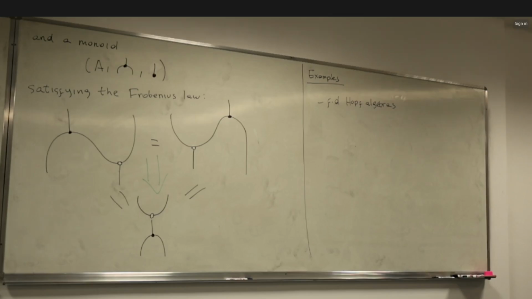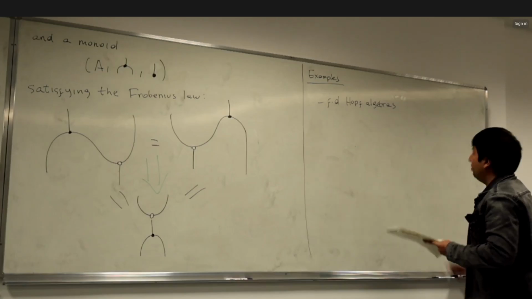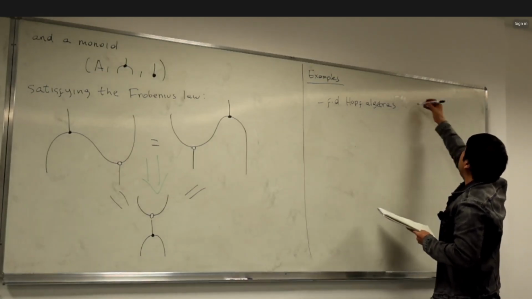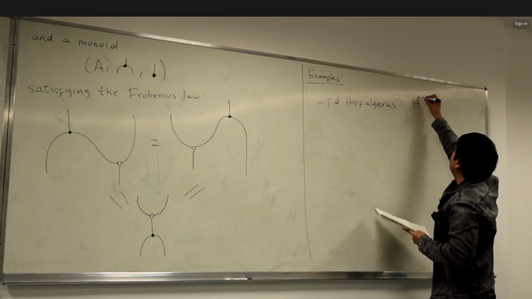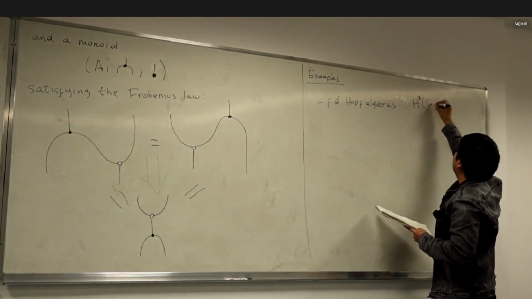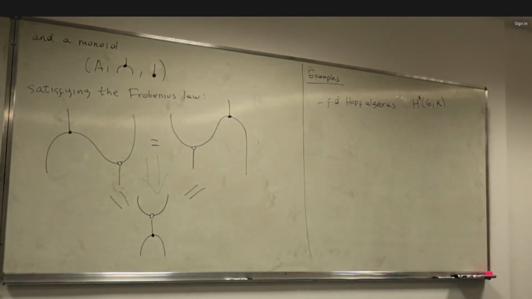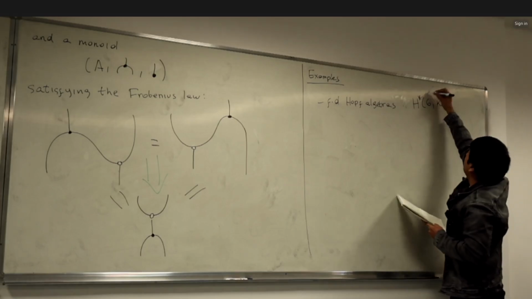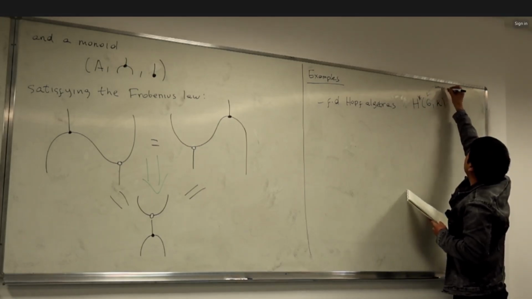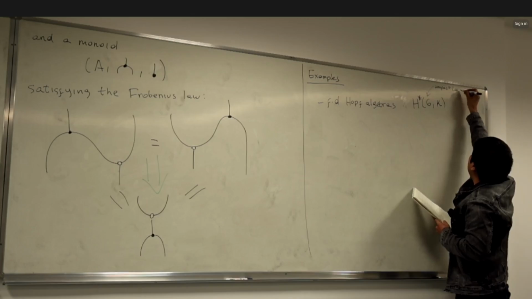Well, maybe we don't know what a Hopf algebra is, but maybe you're familiar with cohomology rings. We can take the cohomology ring of a compact Lie group.